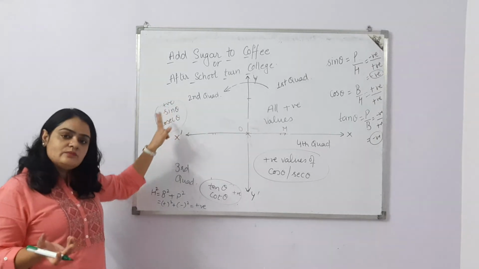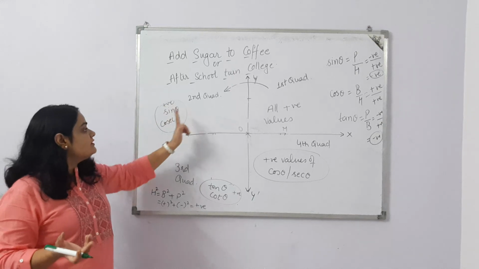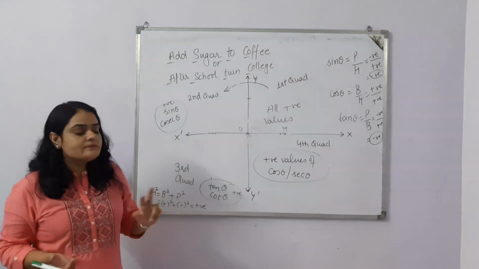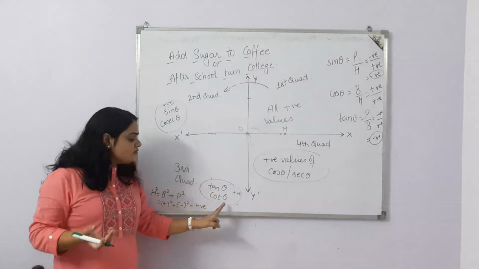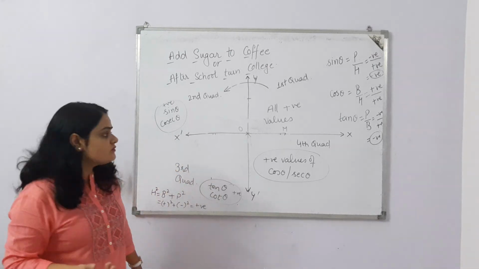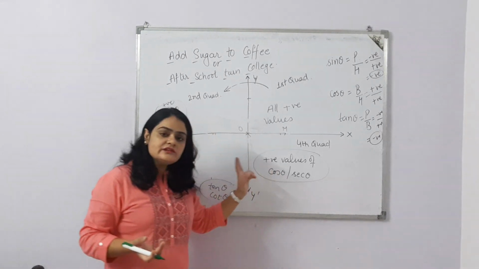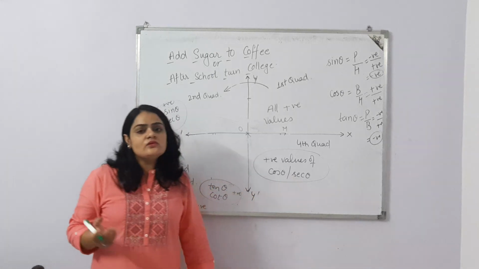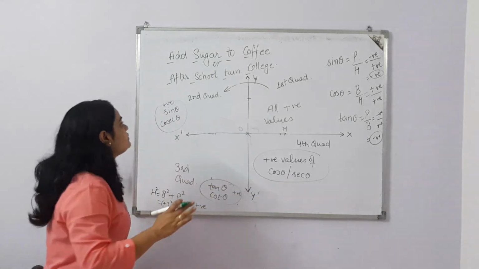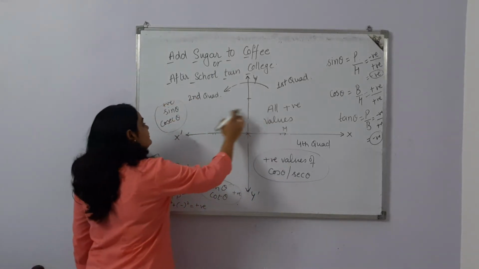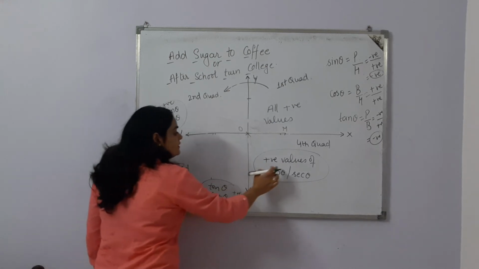Of course if sine is placed here with positive value, then cosecant is also positive here. So if tangent is positive in third quadrant, then cotangent is also positive in third quadrant. If cos is positive in fourth quadrant, then secant is also positive in fourth quadrant. So this is the rhyme to learn, after school turn college.